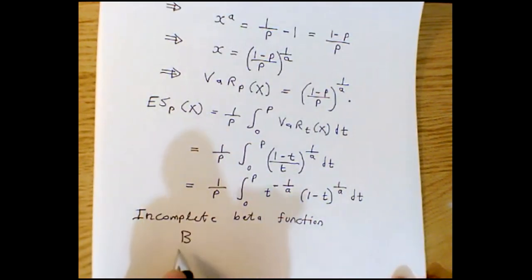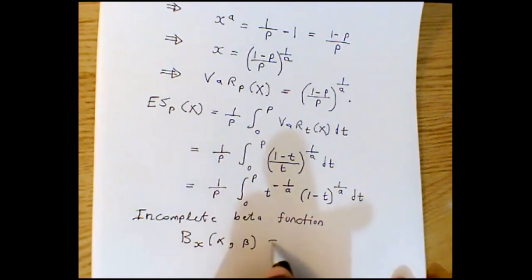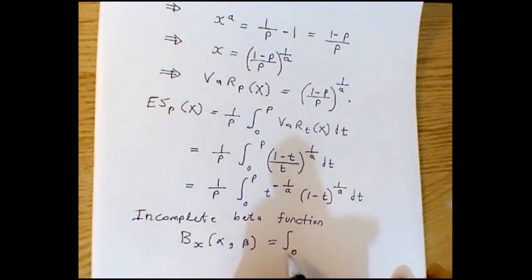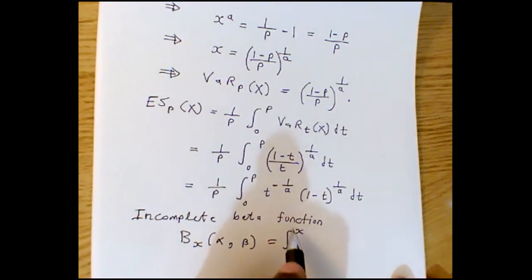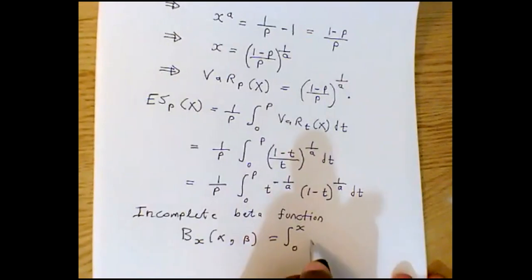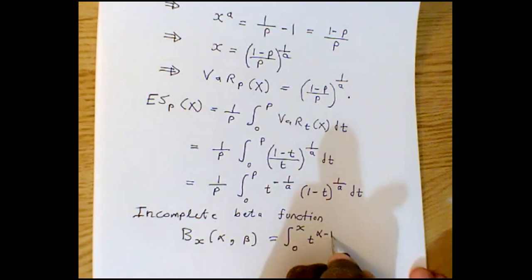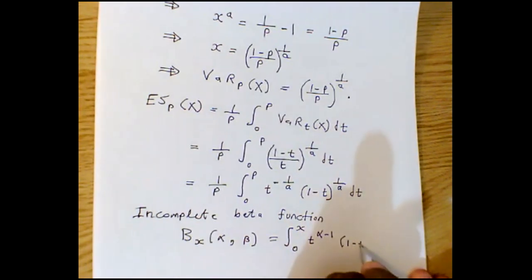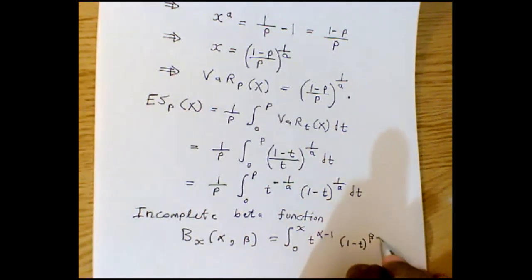B, the same notation used for the beta function, subscript x, alpha, beta. This is the notation and is defined as follows. Instead of 0 to 1, you integrate from 0 to a fixed number x, right? Times t power alpha minus 1, 1 minus t power beta minus 1.